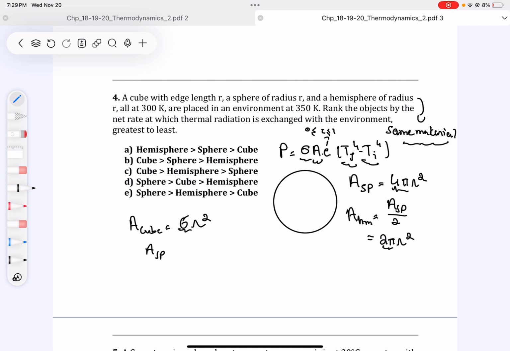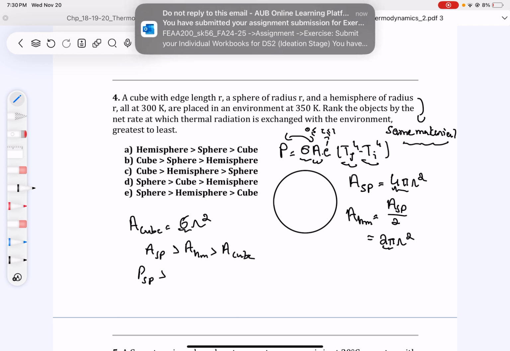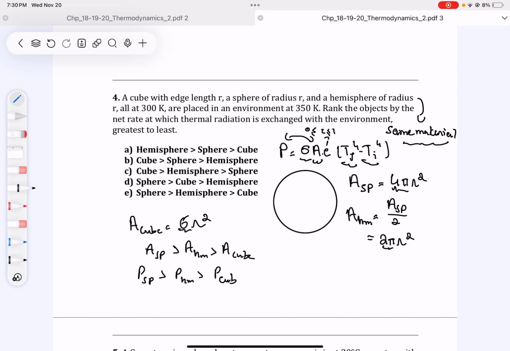And we see the area and the power are proportional. That means when A increases, P increases. Because the sphere is greater than the hemisphere, greater than the cube, P of the sphere is greater than P of the hemisphere, greater than P of the cube, and that's E.